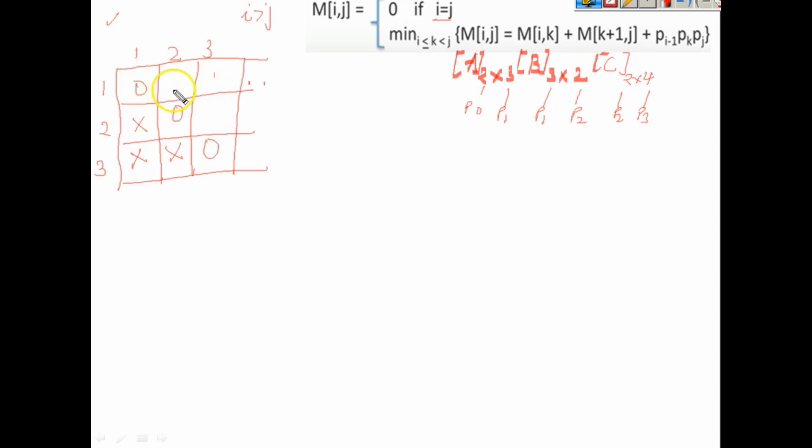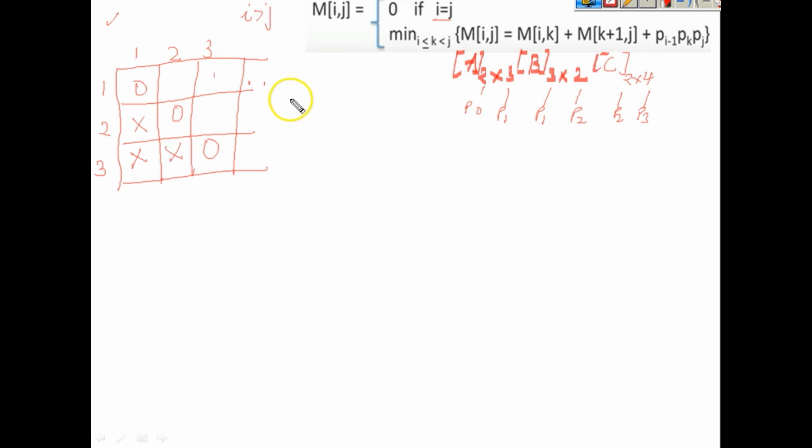The basic property of dynamic programming is that it uses optimal substructure. Optimal substructure means that to find the optimal solution for any problem, we optimally solve all the subproblems of that problem. This is a fundamental property of dynamic programming.